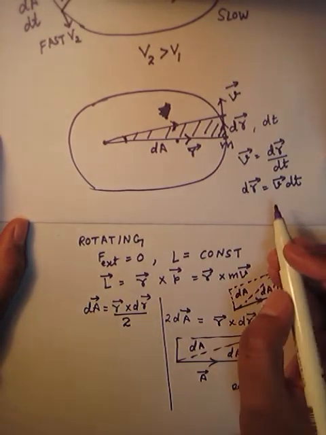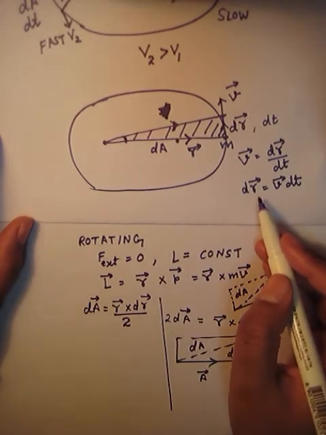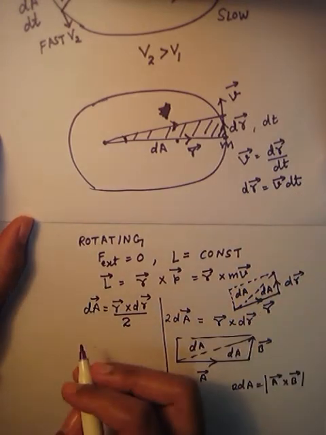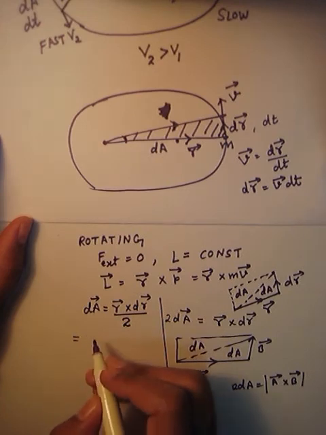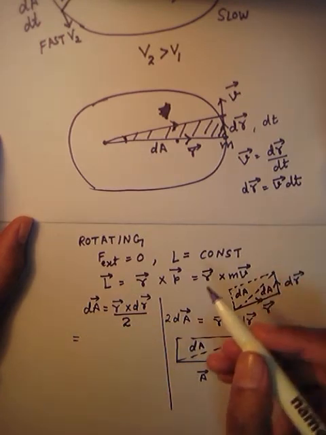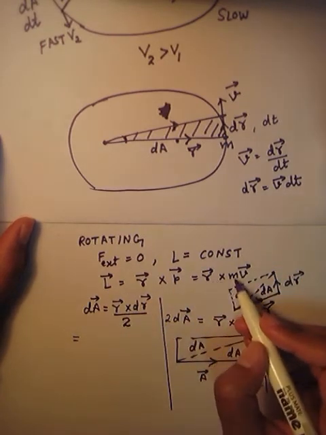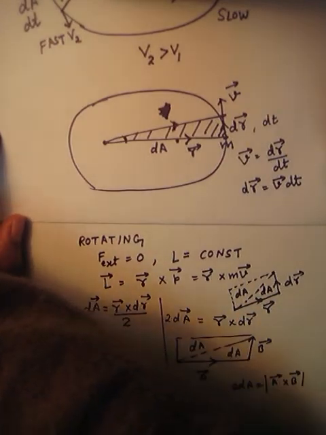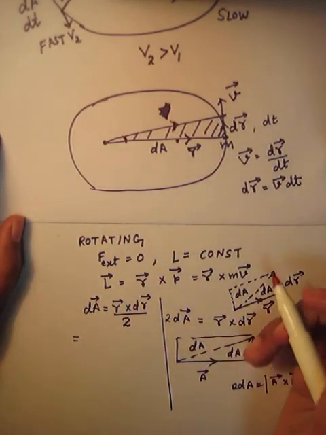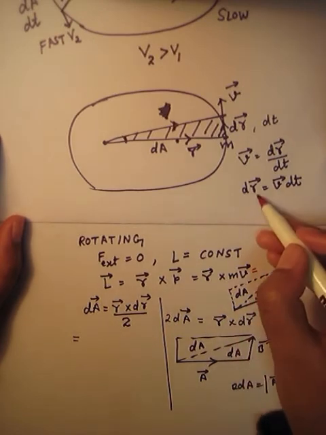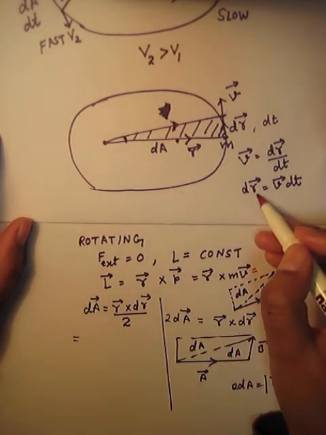From here we can say that dr vector is equal to v vector dt, and L vector is equal to r vector cross m v vector. Let's put the value of v vector from here.